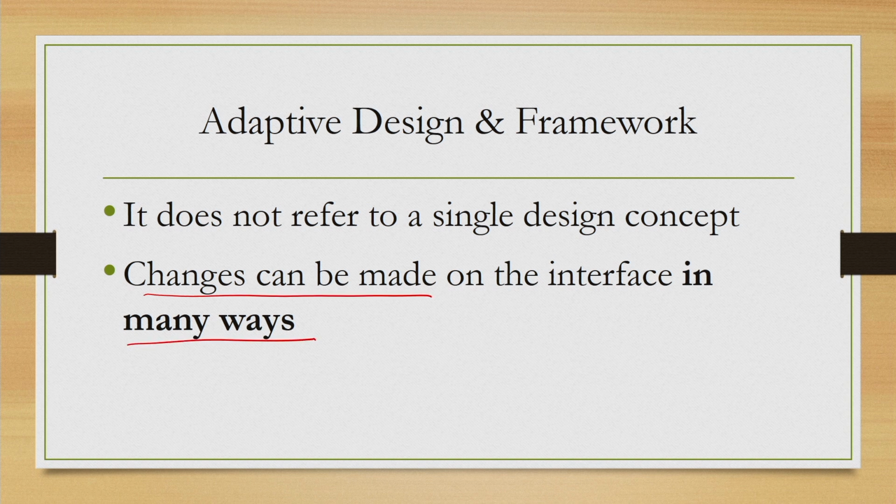So, for a layout, it is difficult to define a specific design that reflects the adaptation. We can perform adaptation in many possible ways. What are those ways? Let us get some idea.